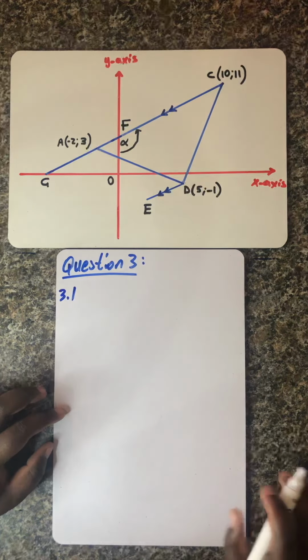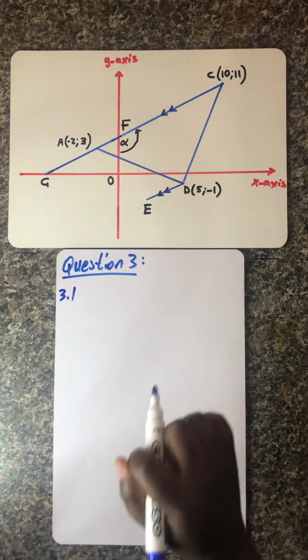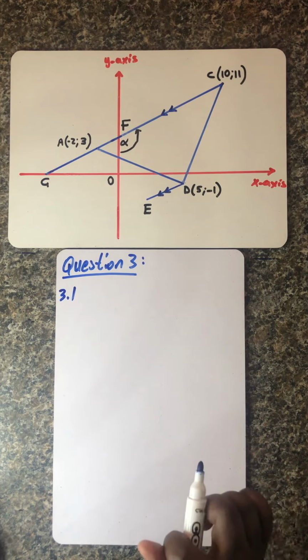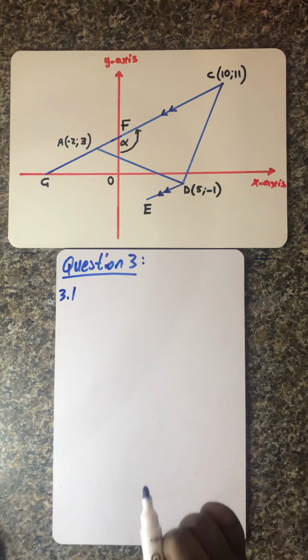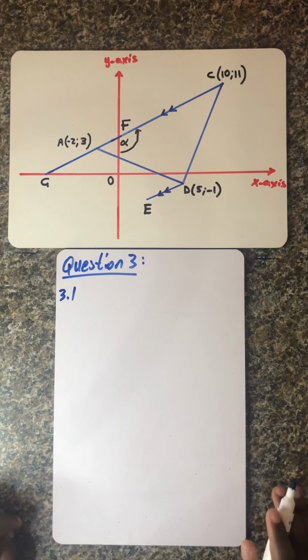Assuming that I wasn't sure of anything, assuming that I didn't know how to answer this question, if I don't know the approach, if I don't know how the final answer will look, very, very much important, please make sure that you fully understand what the question wants you to calculate. So what exactly does the question want me to calculate? Ladies and gentlemen, they want you to calculate the gradient.